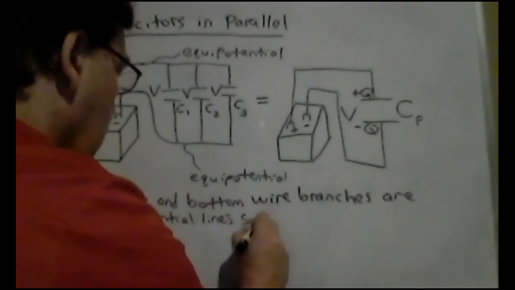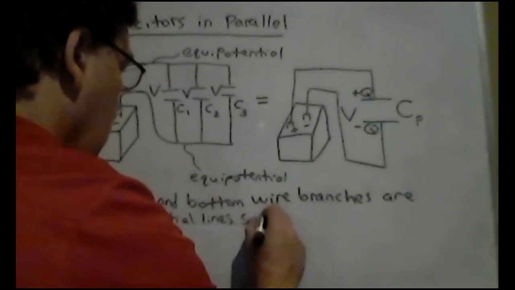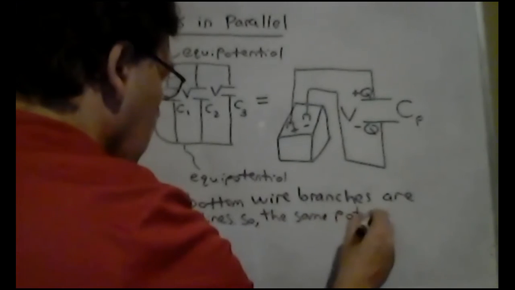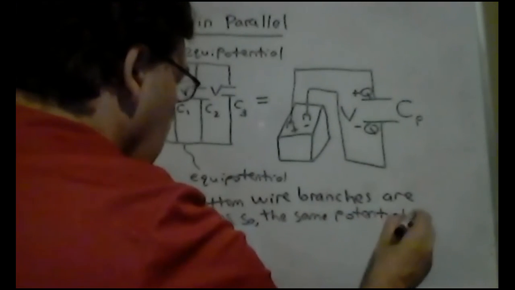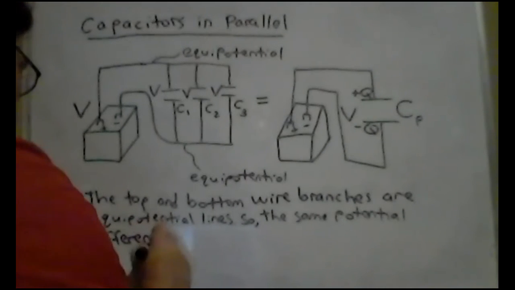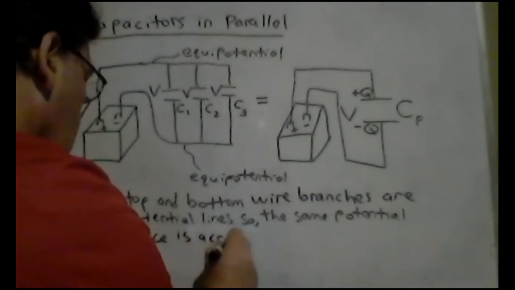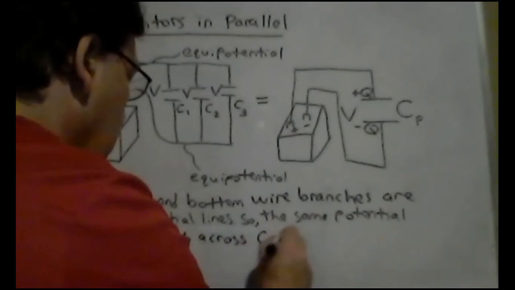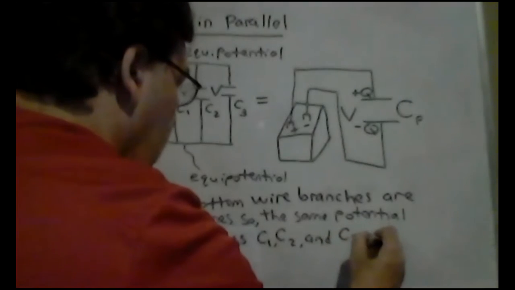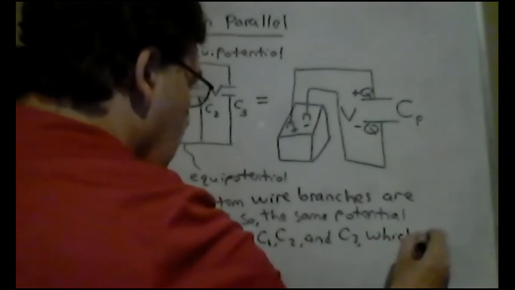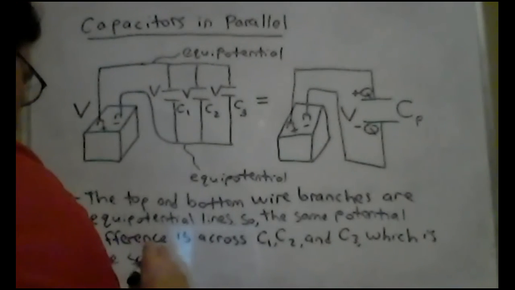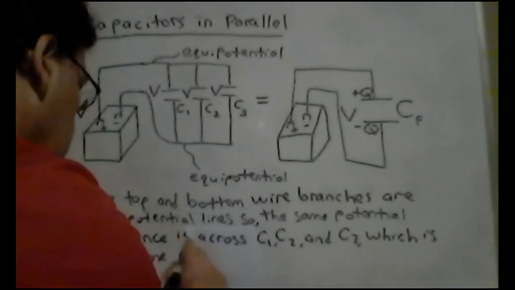So the same potential difference is across C1, C2, and C3, which is the same as across the battery terminals.